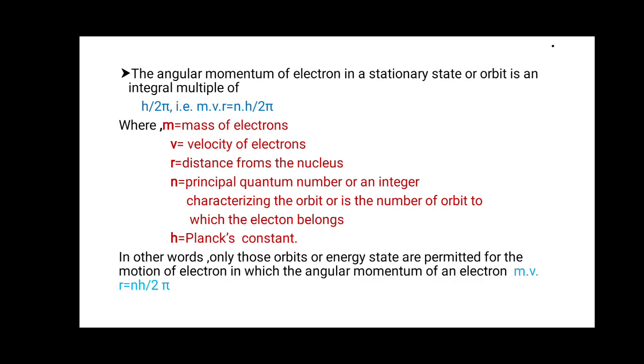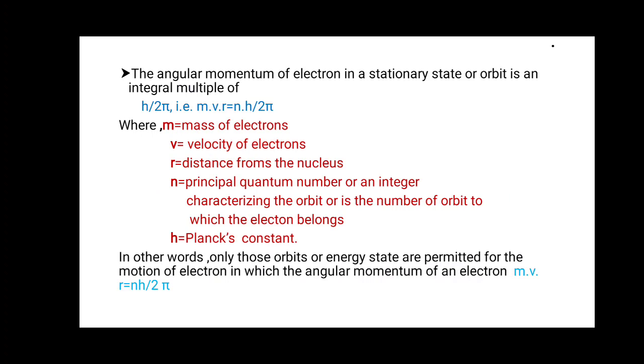Angular momentum is a vector quantity that is a measure of the rotational movement of a rotating body or system. Angular momentum means a rotation around.